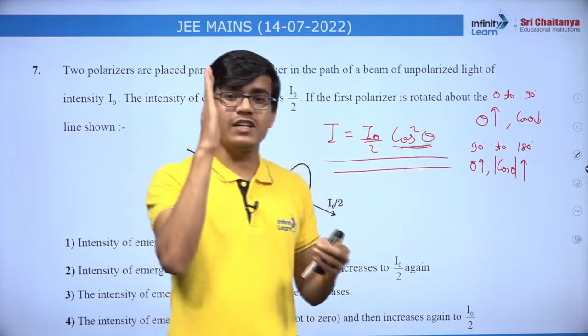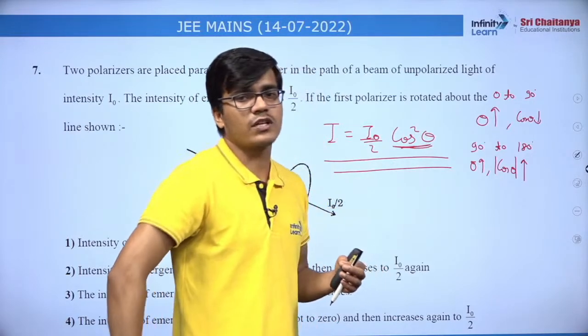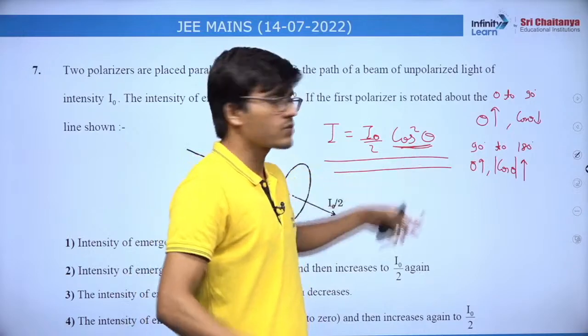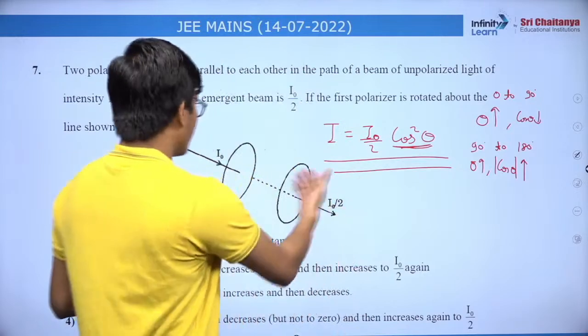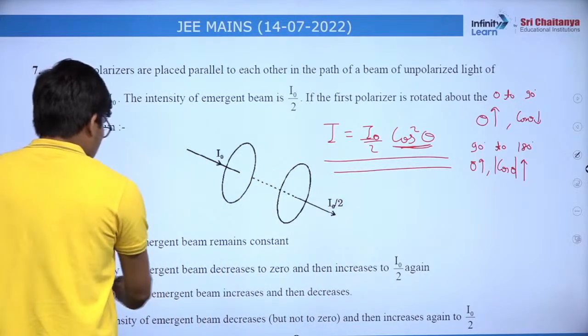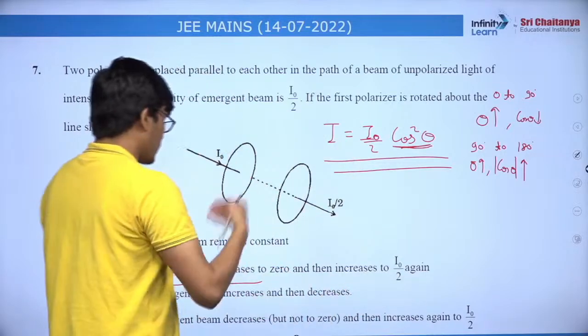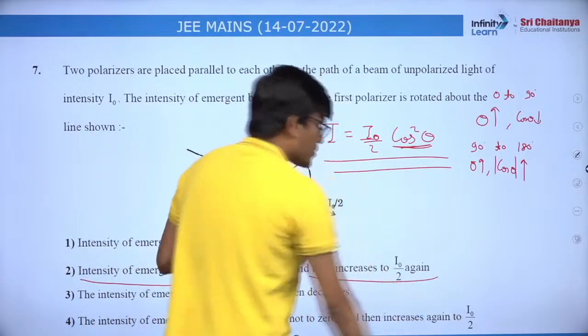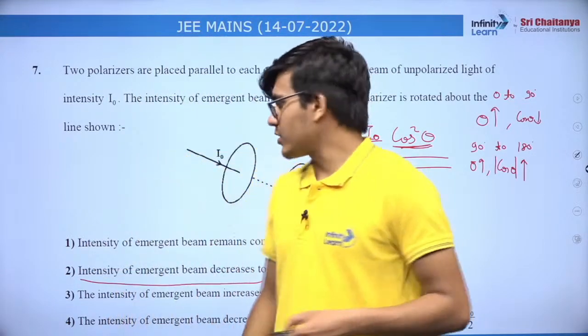So after 90 degrees, cos goes 0, then root 3 by 2, then 1 by 2 again, and you reach 180 where minus 1 squared is 1. So after 90 degrees it increases again. The intensity of the emergent beam will decrease to 0 first, from 0 to 90 degrees, then increase to I naught by 2 again, in the entire rotation.